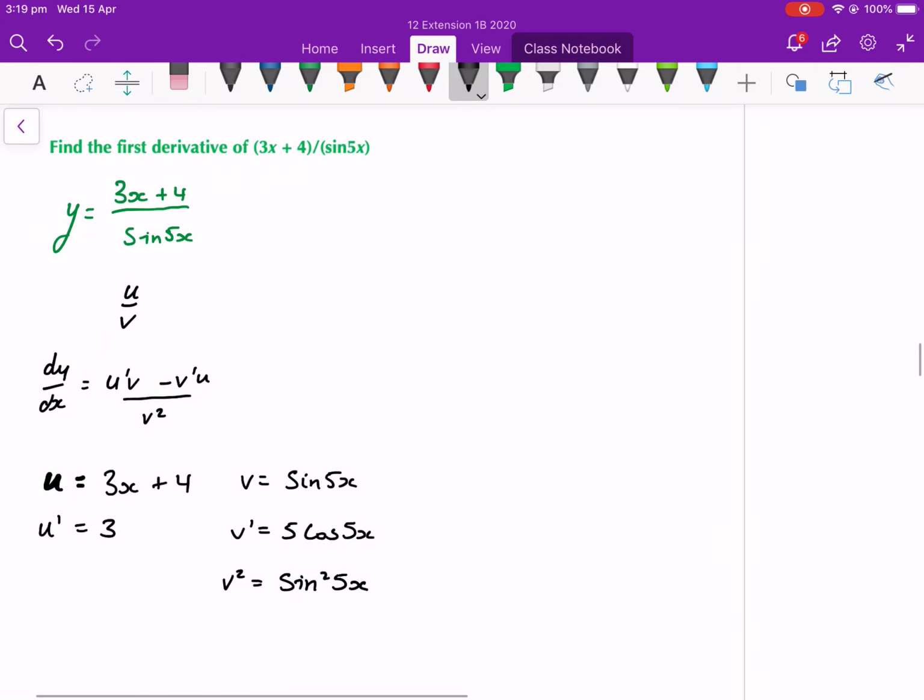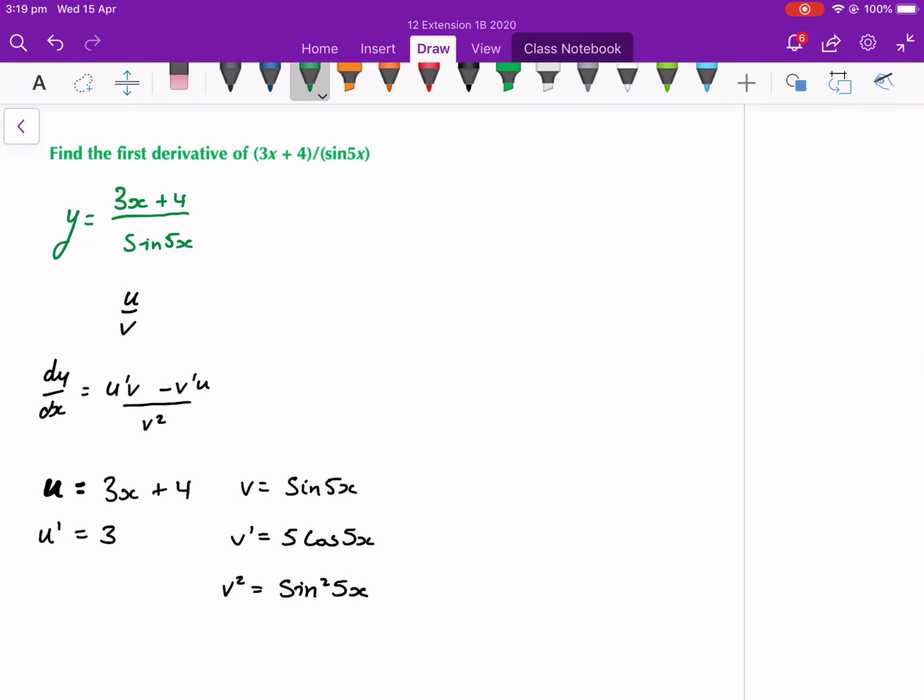So therefore, using the quotient rule, dy on dx is equal to u dash v, so 3 multiplied by sine 5x, which is 3 sine 5x, minus v dash u. I'm going to put the 3x plus 4 in brackets. Notice it's 3x plus 4 multiplied by 5 cos 5x.